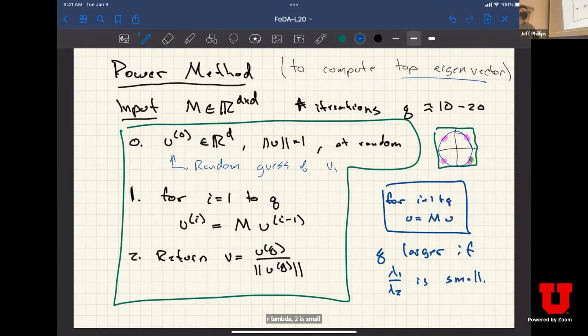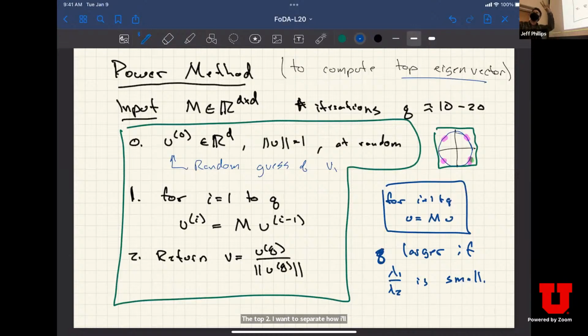If there's a big gap between the first and the second eigenvalues, then I need fewer steps. It's kind of interesting: it doesn't really depend on D. It depends on how big the difference is between the top two eigenvalues, and I want to separate lambda 1 from lambda 2.